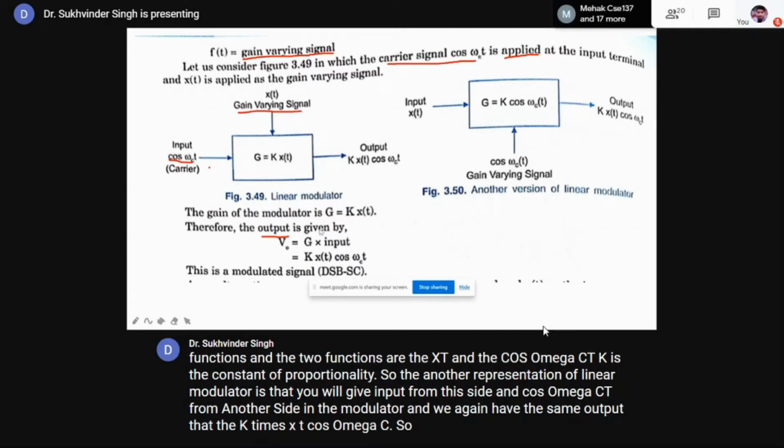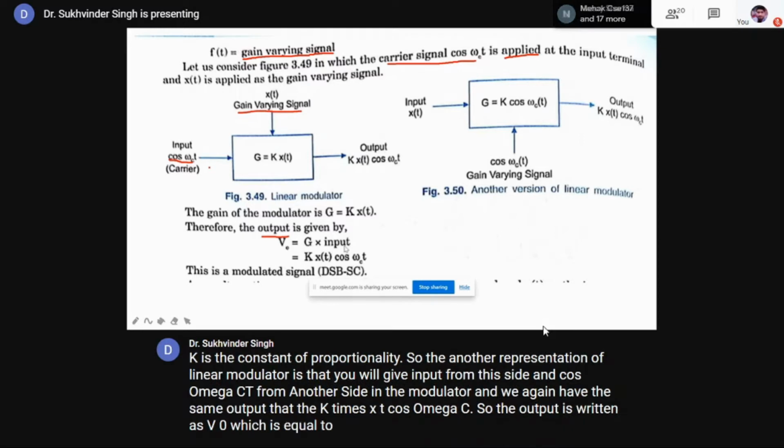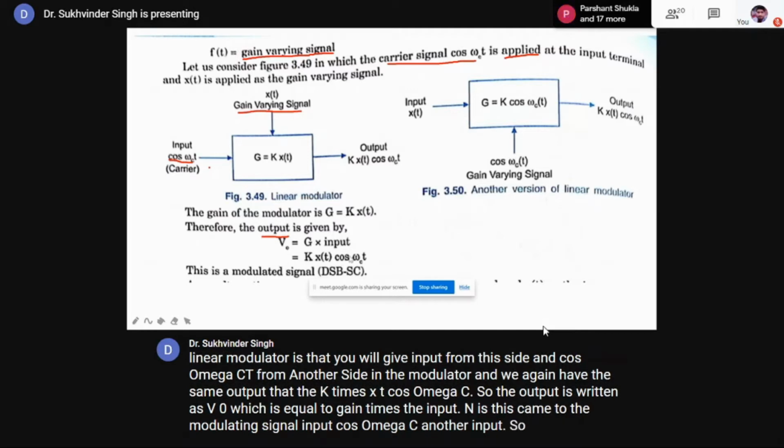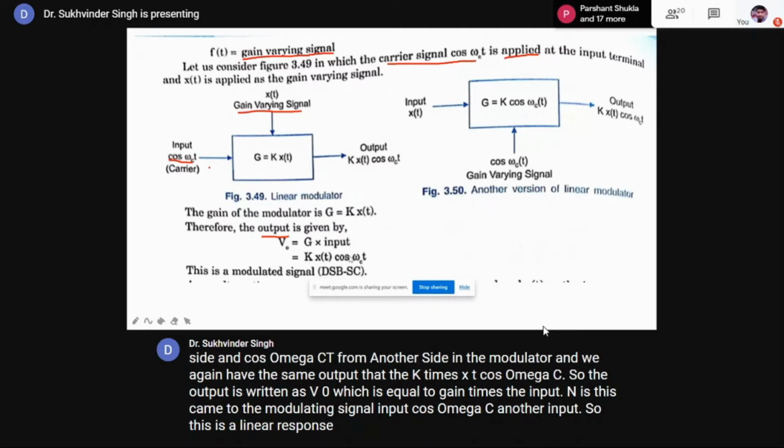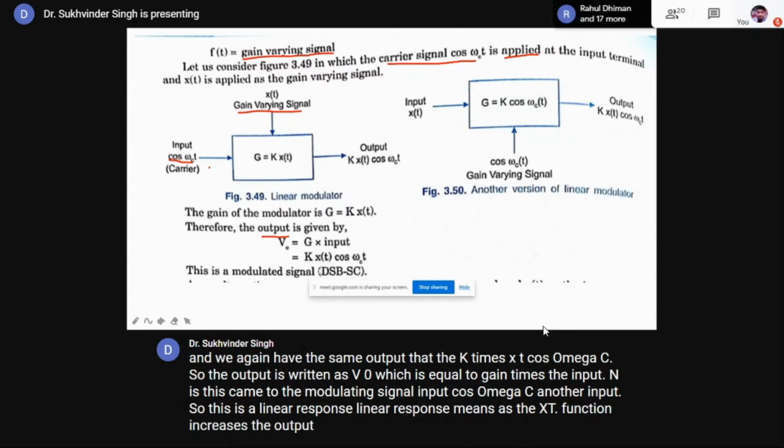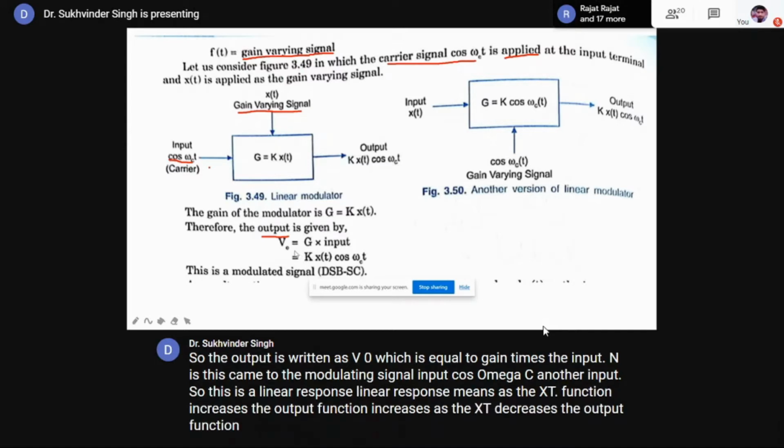The output is written as V0, which is equal to gain times the input. Gain is this K times the modulating signal, the input, and cos ωct is the other input. This is a linear response. Linear response means as the x(t) function increases, the output function increases. As x(t) decreases, the output function decreases. This is called the linear response.